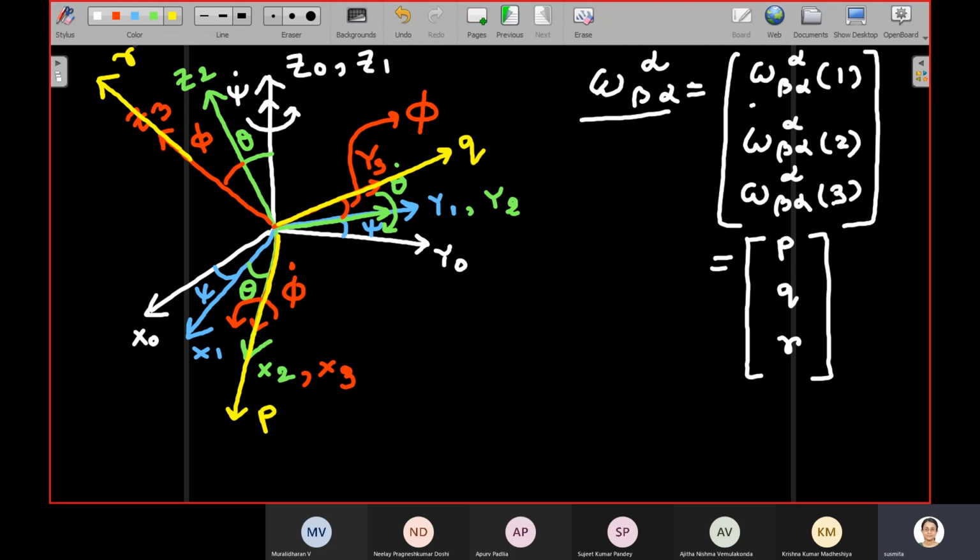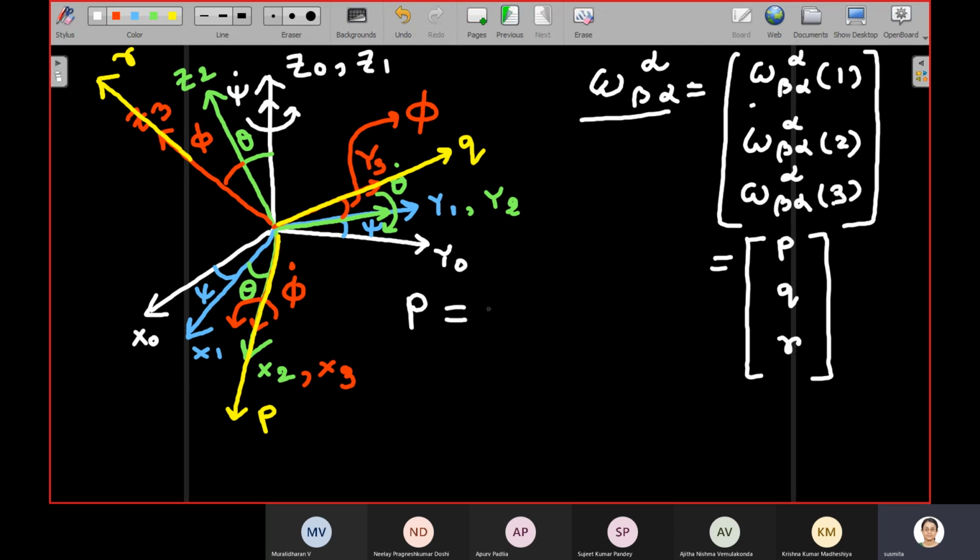Okay. Now let's find the expressions of P, Q and R first. So let's consider P first. Next we are going to write the expressions of P, Q and R in terms of phi dot, theta dot, psi dot and the other angles phi, theta and psi. Okay.